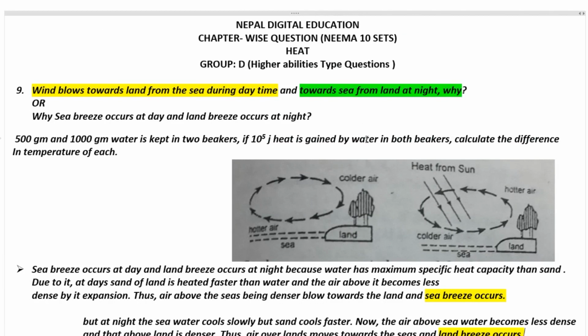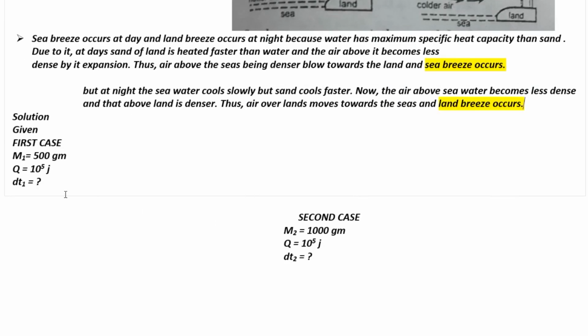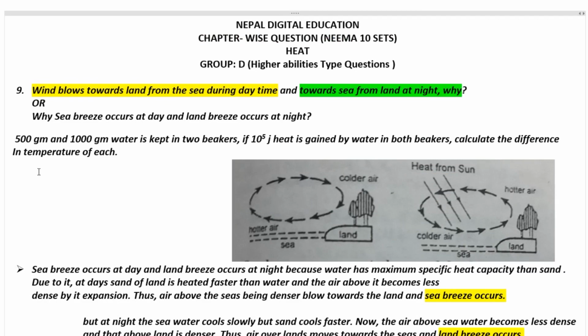Here we have water, so the specific heat capacity in both cases is the same, 4200 joule per kg degree Celsius. First of all, find dt1 in the first case and also find dt2 in the second case, then just subtract dt1 and dt2, then we will get the required difference of temperature of the first and second case.